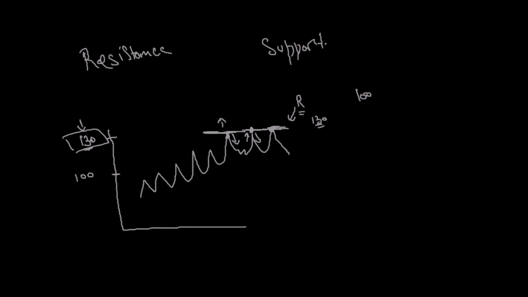Similarly, there will be a lower price as well. Even though in this example we do not see a lower price, there will be one. So for the sake of example, let's make our chart like this and like this, and let's call it 80.